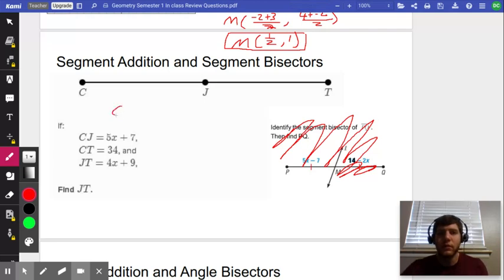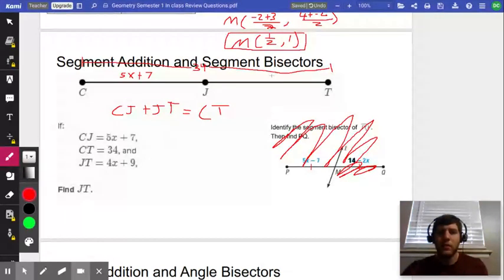So here we have CJ plus JT is going to equal CT. Okay, so that's going to give us CJ here is 5x plus 7. So maybe if we write it in our diagram here, CJ is 5x plus 7. CT, the whole thing here, is 34.